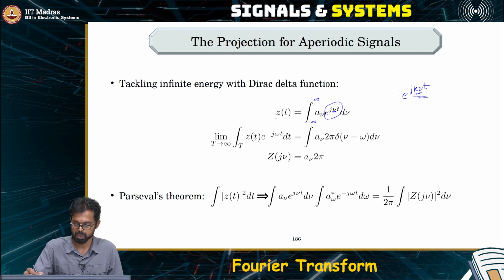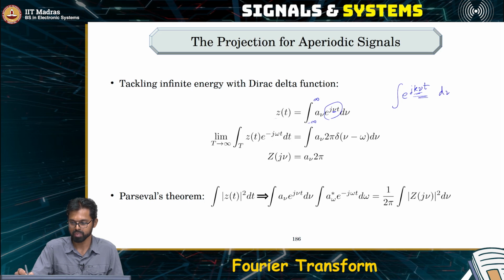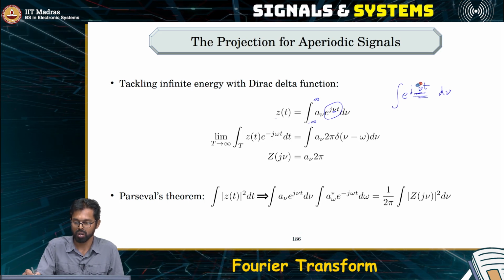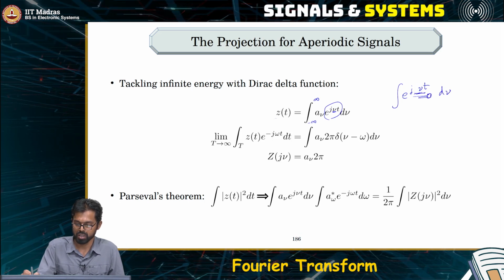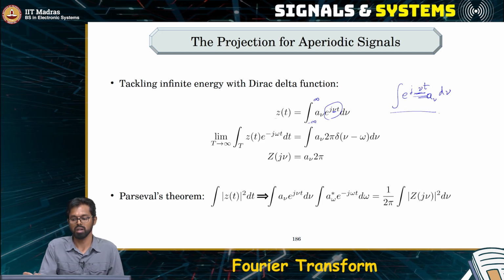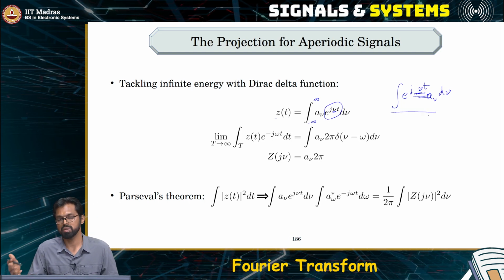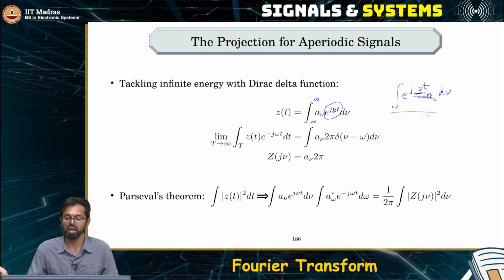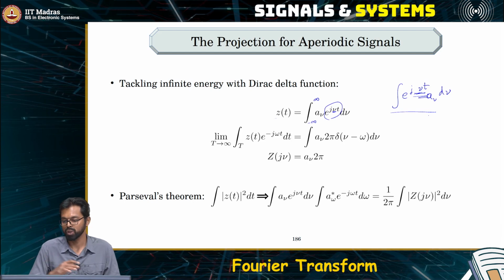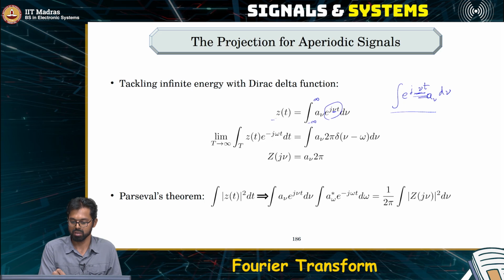So you cannot use the summation, you have to use the integral, and for each omega you have a corresponding coefficient, right. So this is still adding up multiple phasors with different magnitudes and putting everything together, you get this signal.